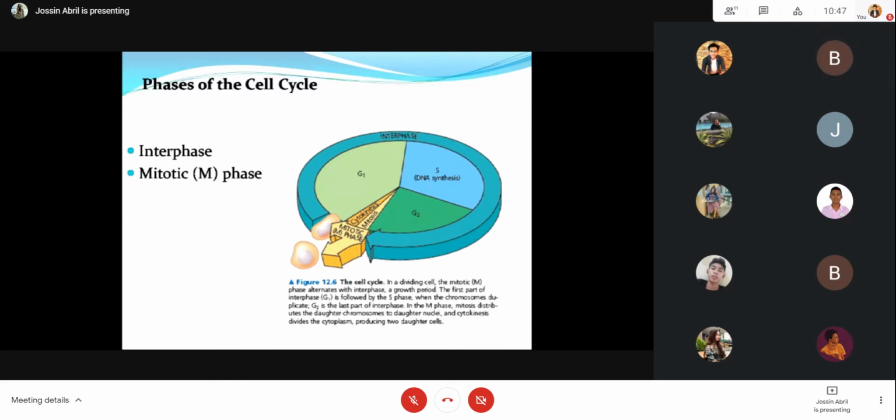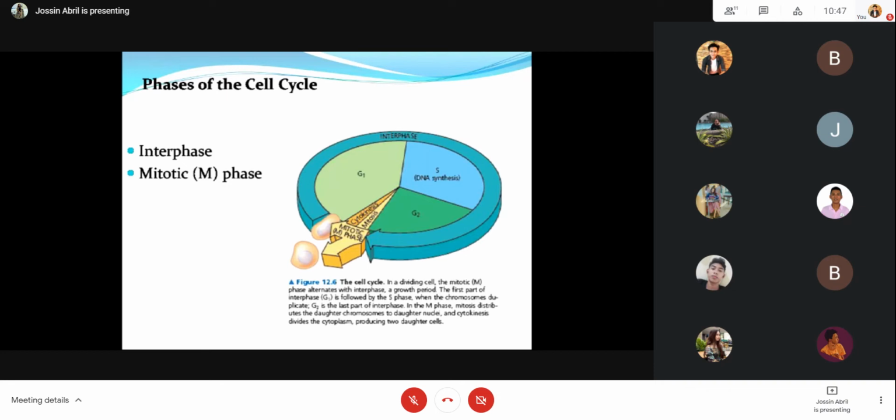The cell cycle has two phases, the interphase and the mitotic or M phase. Interphase accounts for about 90% of the cell cycle, however mitosis or the M phase is usually the shortest part of the cell cycle.